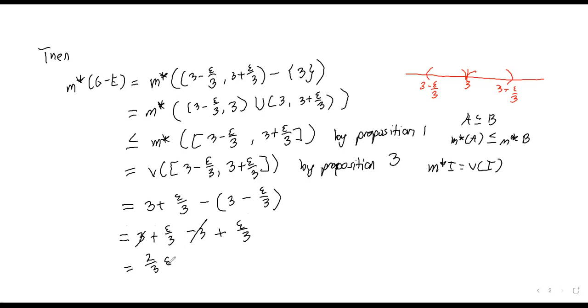Okay? And 2/3 ng epsilon, that is less than epsilon. Or simply epsilon. So as you can see, from here, outer measure of G minus E, this is less than epsilon. So napakita natin yung outer measure ng G minus E is less than epsilon.